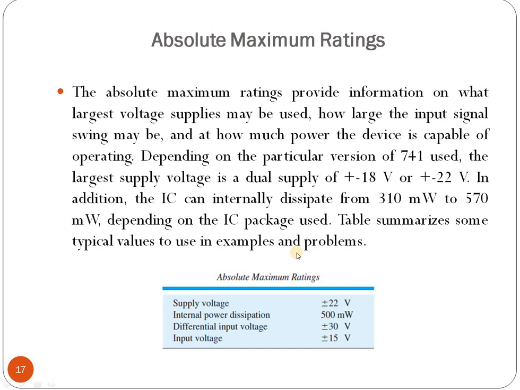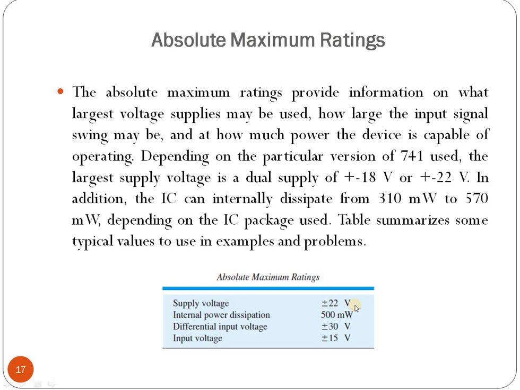Absolute maximum ratings. The table shows the absolute maximum ratings of an op-amp. In general cases, these are the supply voltage, power dissipation, or input voltage, and this is for the 741 op-amp model. We cannot exceed these values. It must be in between. You see that the supply voltage is between plus minus 22 volt.